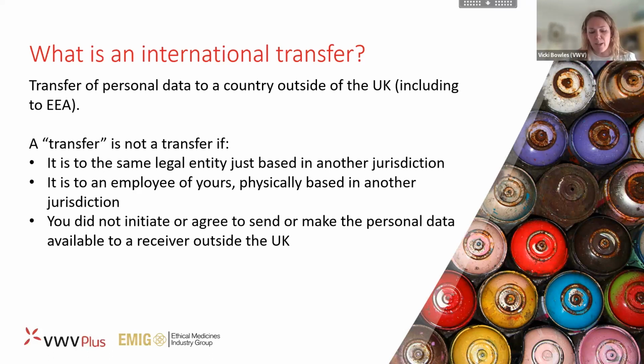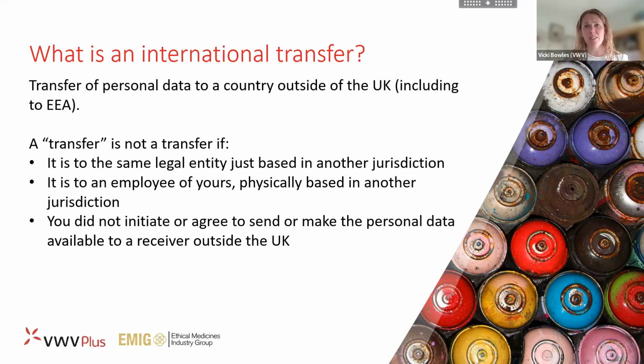You have to send or make the information accessible or available. And that means that if information is in transit and it goes through a number of different countries, but actually when it's in those different countries, it's not accessible and it's not being manipulated, that doesn't count as an international transfer.